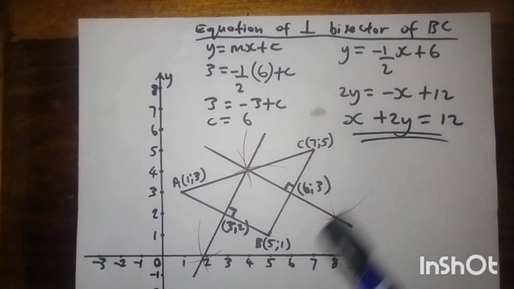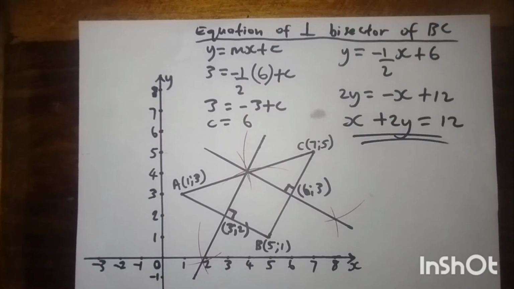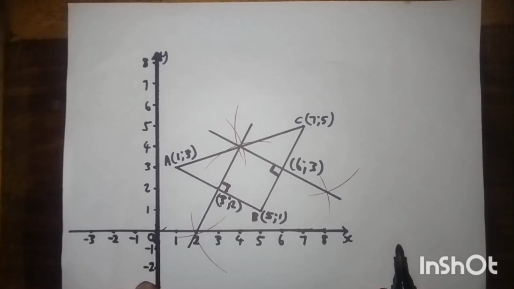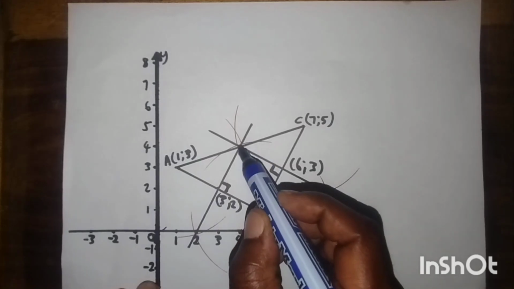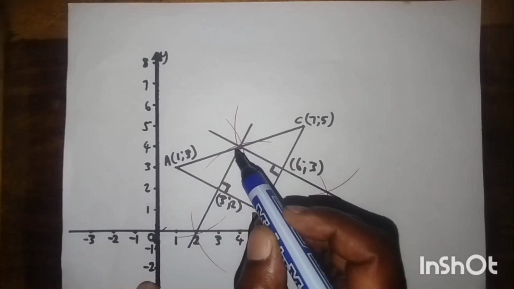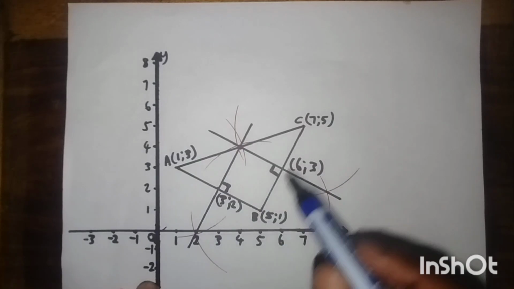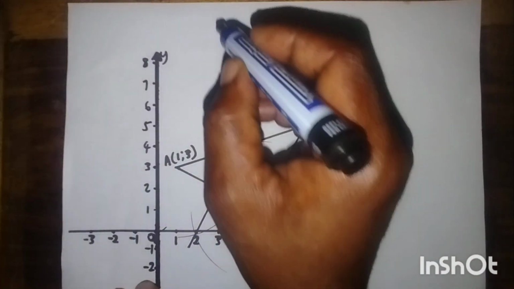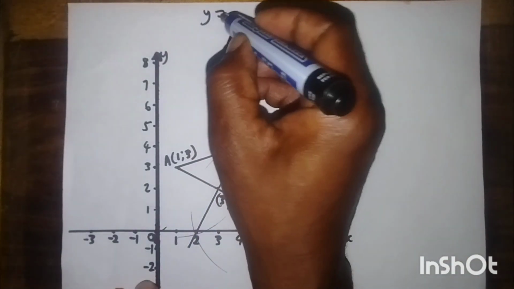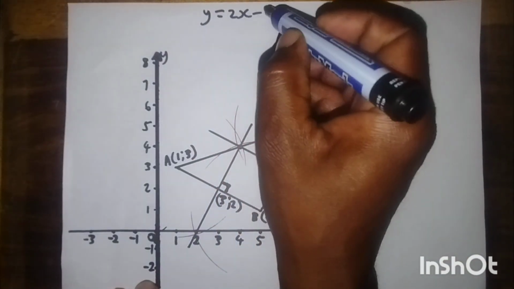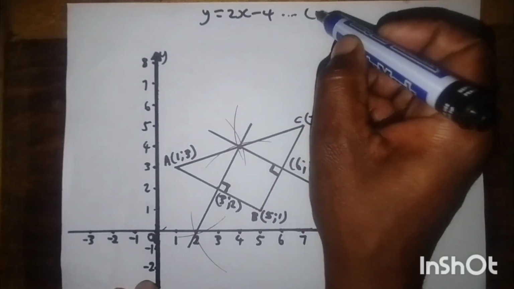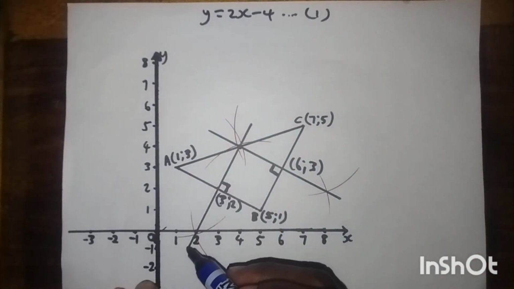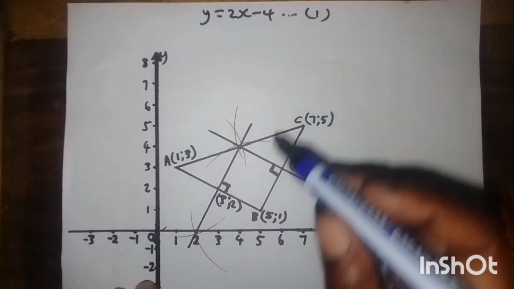So we want to solve the two equations simultaneously. Where they intersect, which is here, is the center of the circle of triangle ABC. My first equation is y equals 2x minus 4. I shall call it equation 1, the equation of the perpendicular bisector of AB.